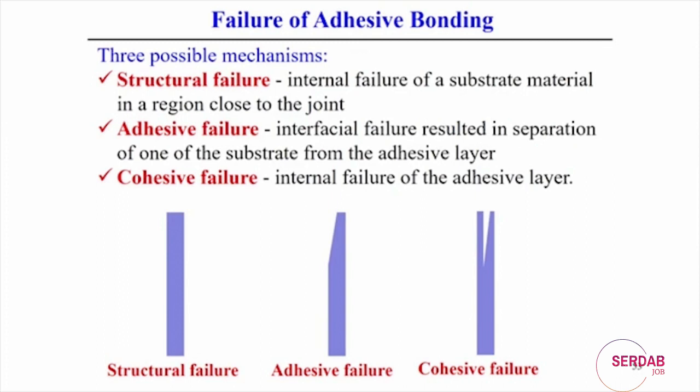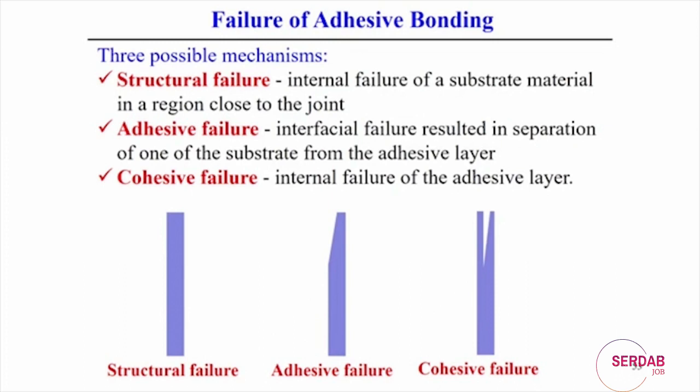If you see the adhesive failure figure, here you can see a small component of the adhesive has disappeared. So, actually the failure happens near the substrate material and one layer is absent in this case. That is typically called the adhesive failure.